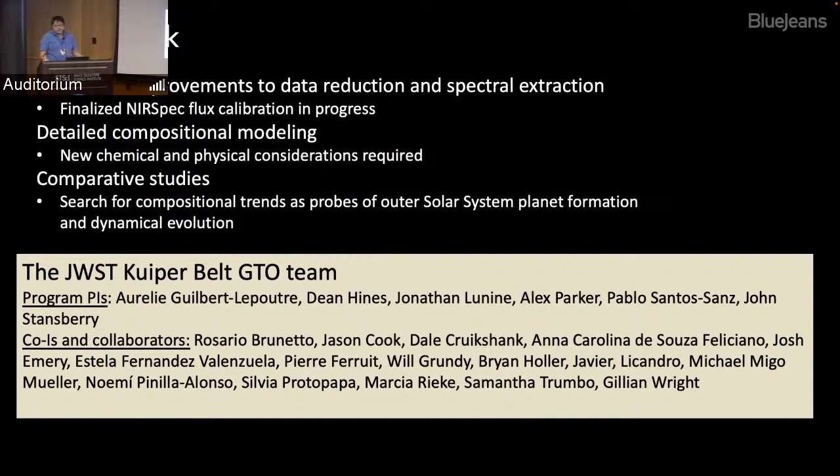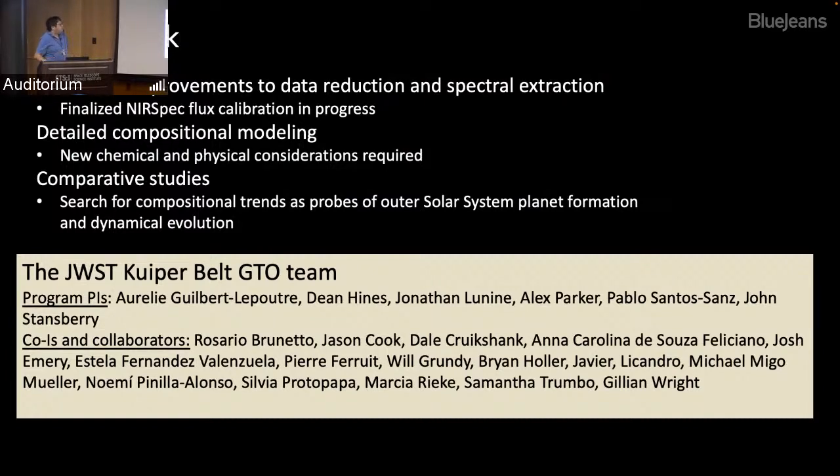On the spectral modeling side, the greater wavelength coverage offered by JWST, as well as this huge repertoire of new detections never before seen of various absorption bands, will certainly challenge existing modeling frameworks, and we expect there to be a lot of chemical and physical considerations that need to be considered for the first time, as well as good motivation for future laboratory studies of analog species at low temperatures.